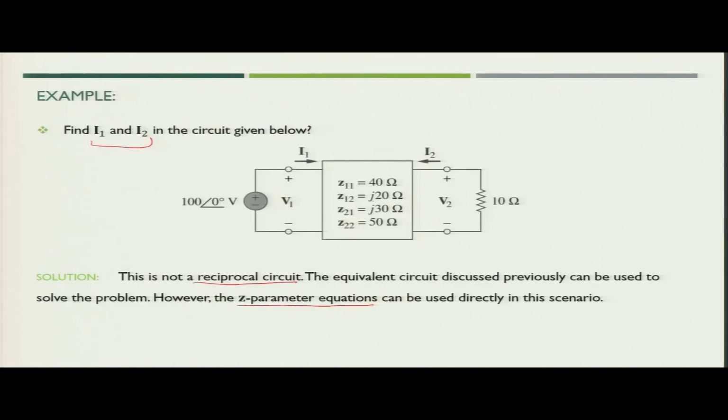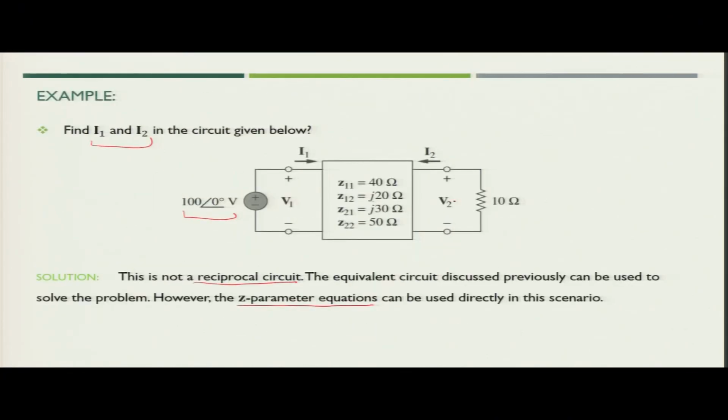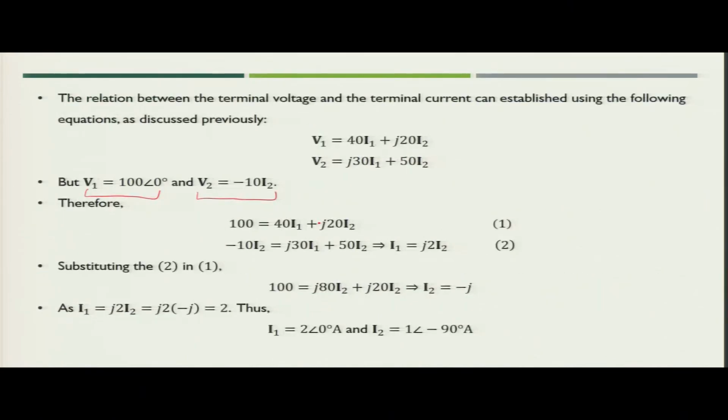Now, if you see the circuit having voltage V1 as 100 angle 0, V2 is nothing but minus 10 of I2, because I2 is in this particular direction. So, V2 is equal to minus 10 I2 and V1 is 100 angle 0. These two values we can get from the circuit, so we can put these values in the above equations.